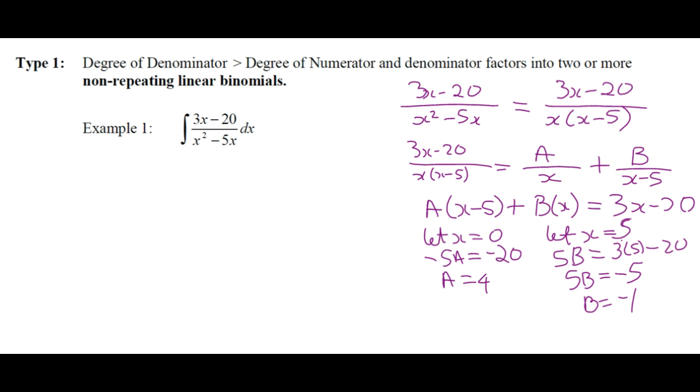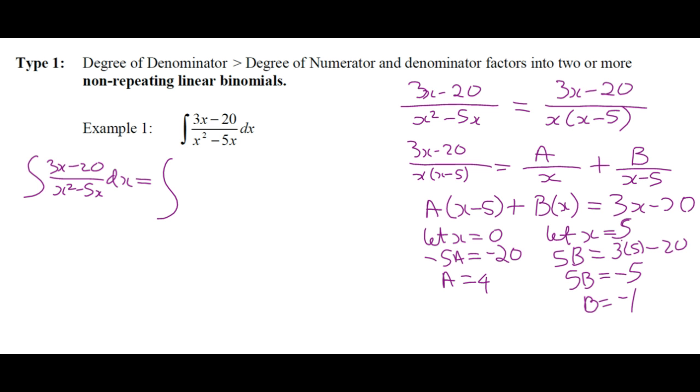All right, so we've done that. So now we go back over here, and we say the integral of 3x minus 20 over x squared minus 5x dx is equal to, okay, we've got our a and b.